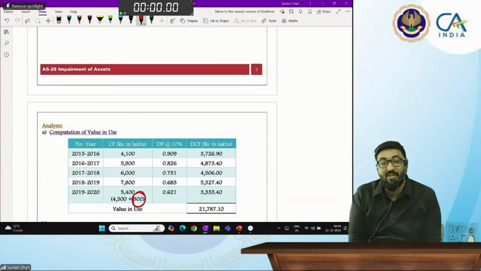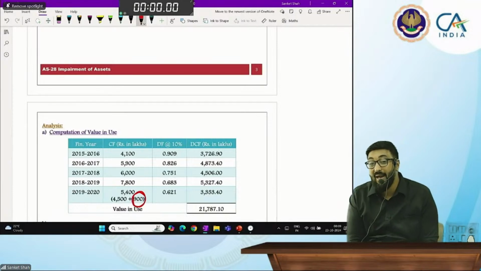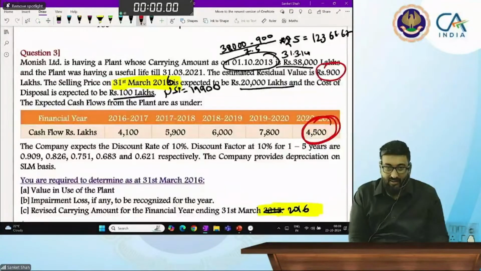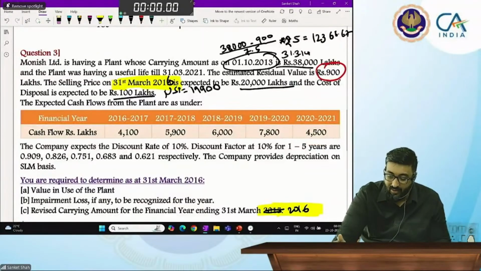Here also students will make a mistake. Okay, last year they won't add that 900 rupees. तो यहाँ पे mistake हो जाएगा. 900 rupees last में add करना बेटा. सेम मिस्टेक किया ना आपने, सब करोगे, मुझे पता है ये. इधर 900 ऐड करना पड़ेगा.